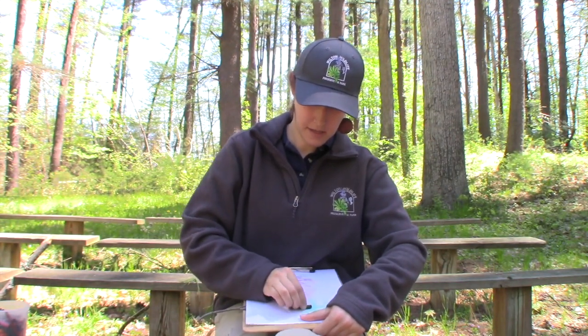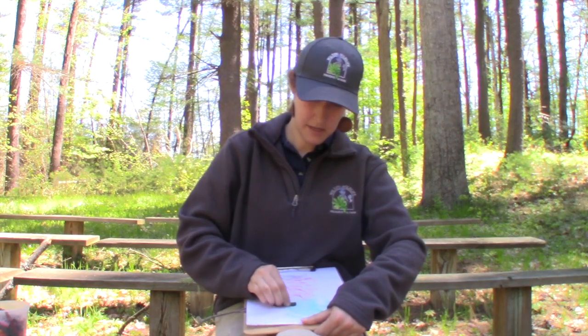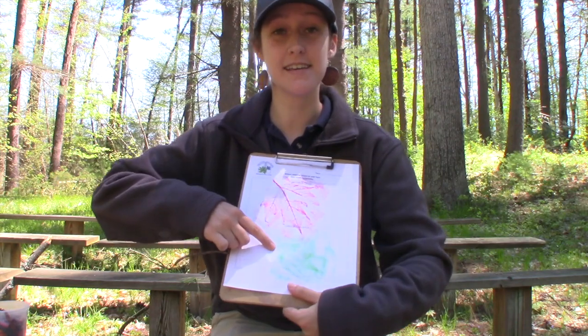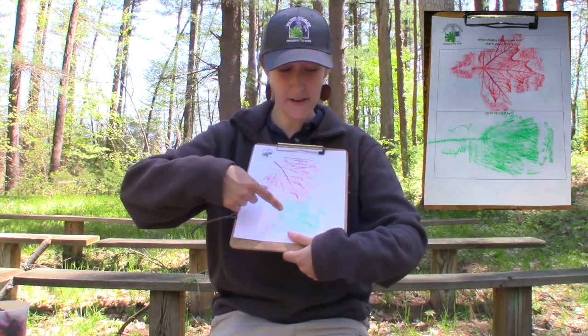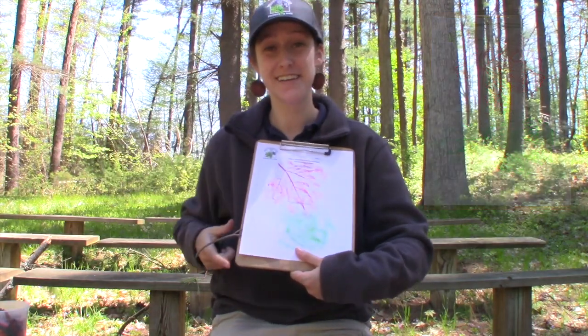And then I'll use, let's try a different color, green. And just by applying some pressure, I'm gonna begin to rub. And you'll see that those pine needles kind of fanned out and came out pretty perfectly on my sheet. Now you try.